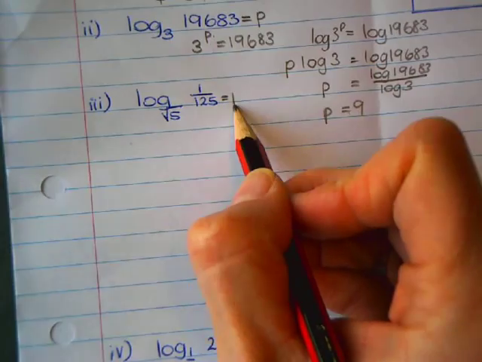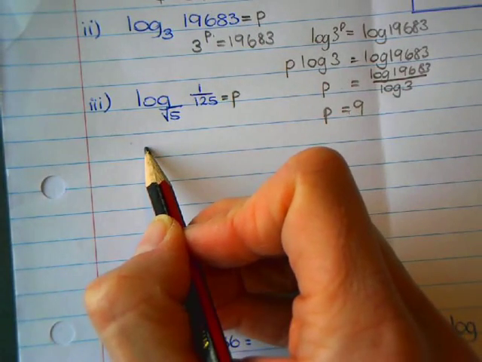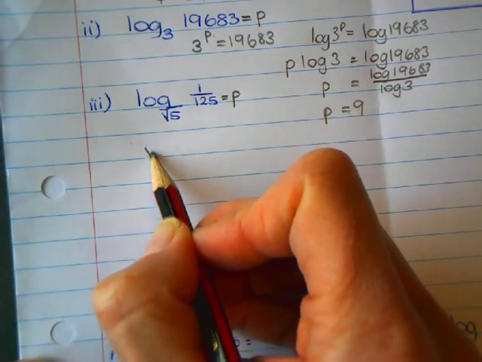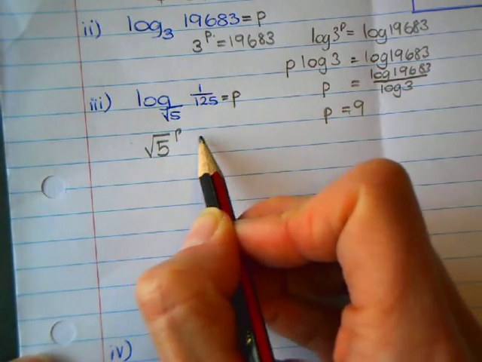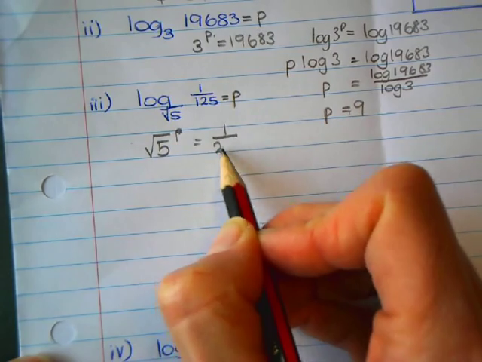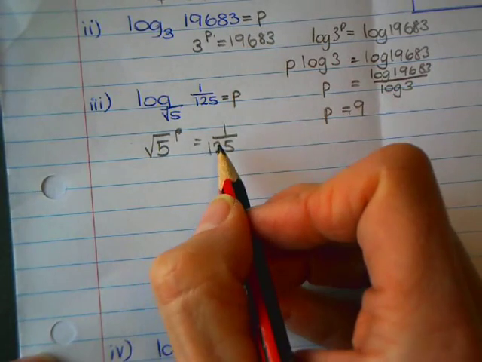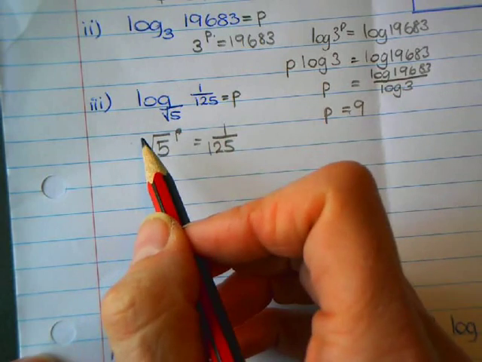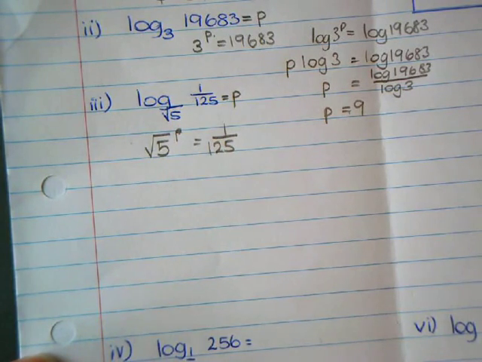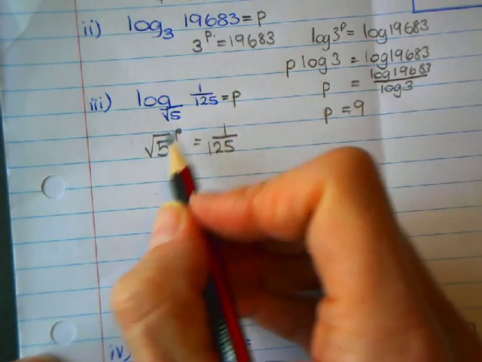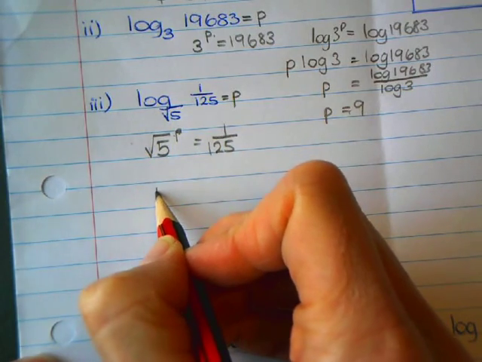Let this equal P. So what it's saying is the square root of 5 to the power of P gives us 1 over 125. What we've got to do is rearrange this a little bit so it's easier to work with. I'm going to think of the square root of 5 as 5 to the power of a half.